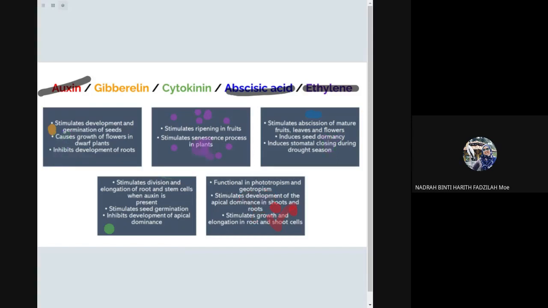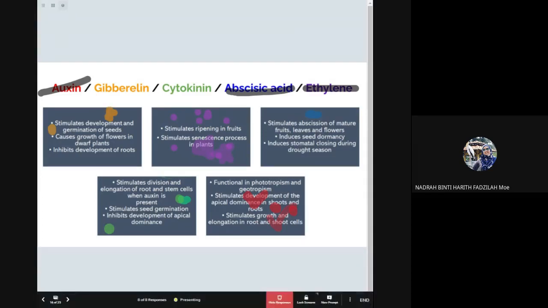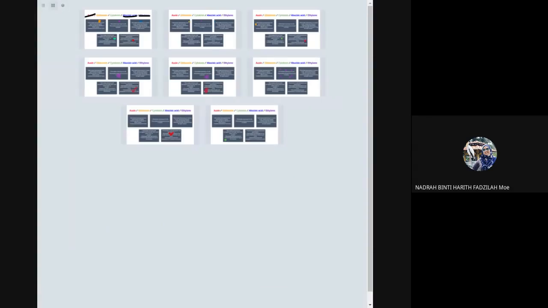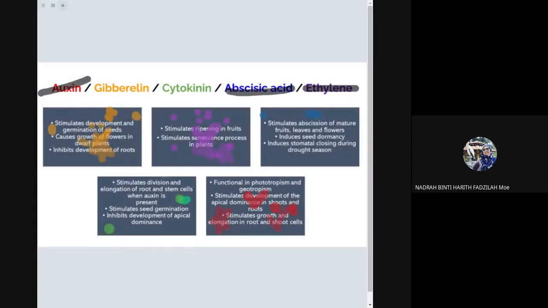Very good. Banyak dot-dot tu. Very good. Okay. Kita tengok kat sini. Oh, okay. Semua on the way lagi. Tak apa. Oh, dia buat smiley. Boleh. Buat smiley pun boleh.